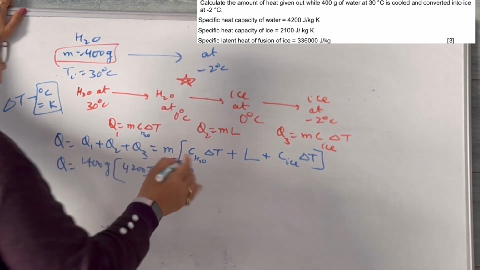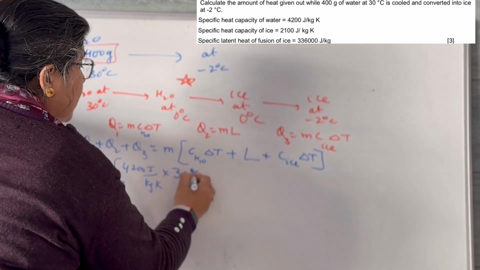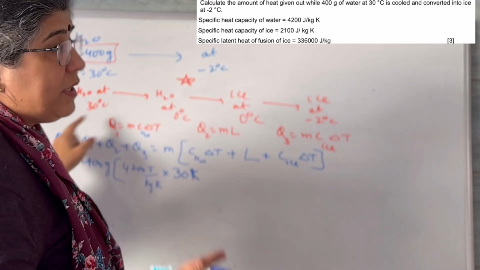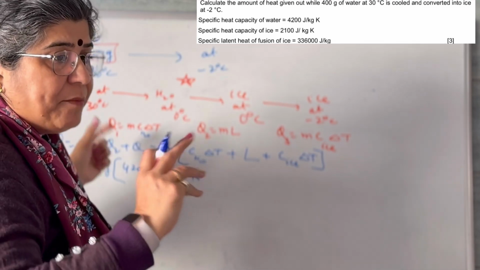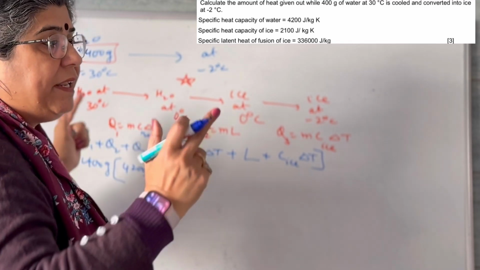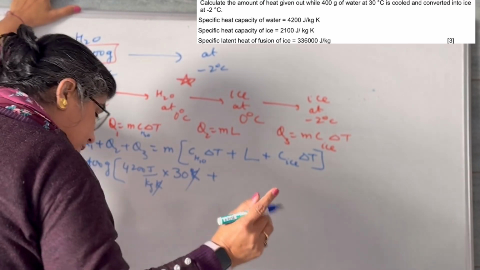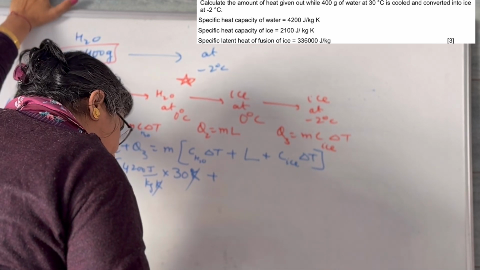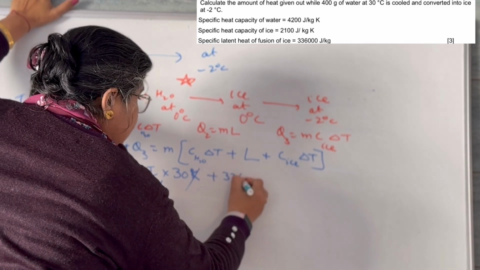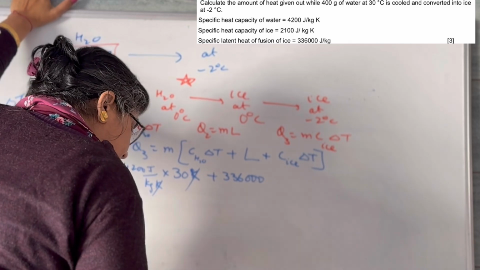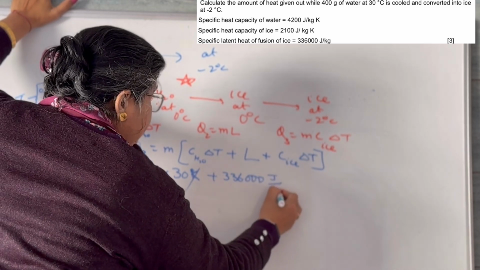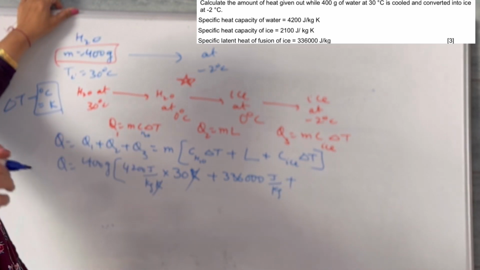So you can change it into 30 minus 0, which is 30 degree centigrade. Change in temperature is the same in degree centigrade and in Kelvin. So this goes plus specific latent heat of fusion of ice, which is 336,000 joule per kg, plus specific heat of ice.